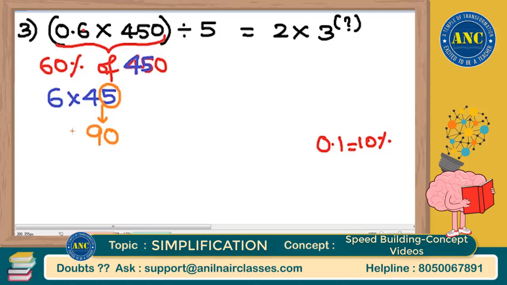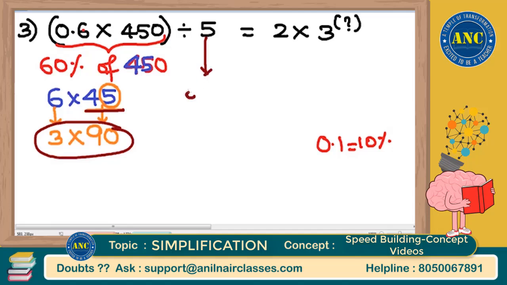It becomes 90. If I double one of the terms in the product, the other term is to be divided by 2, it is 6 by 2 is 3. 6 into 45, 3 into 90, both are absolutely same. 3 into 90 is easier to simplify compared to 6 into 45. So that is the reason I did like this. 3 into 90 is 270.